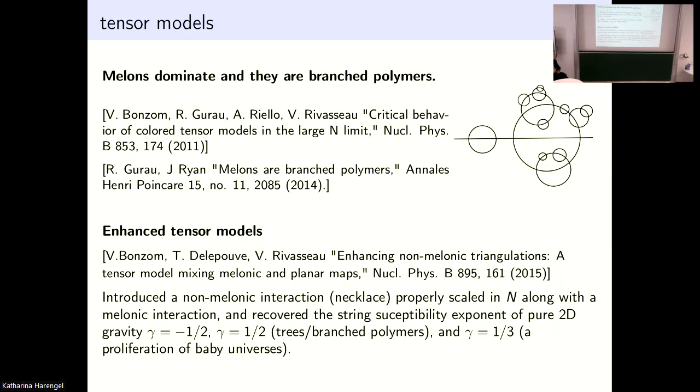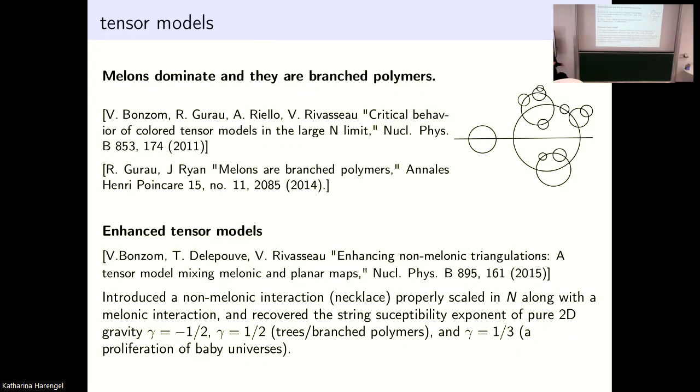In the large N limit, there is a parameter called the degree, which was mentioned before, which is the analog of the genus in matrix models. But the degree is not a topological invariant, though it is still a combinatorial invariant.